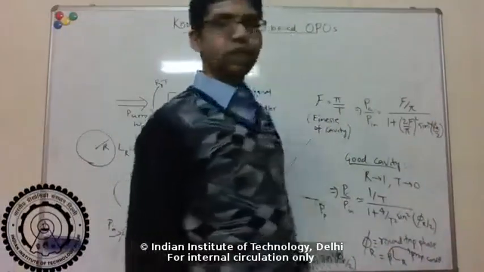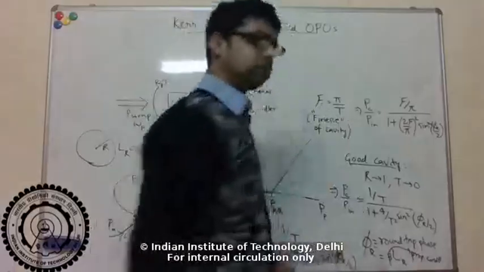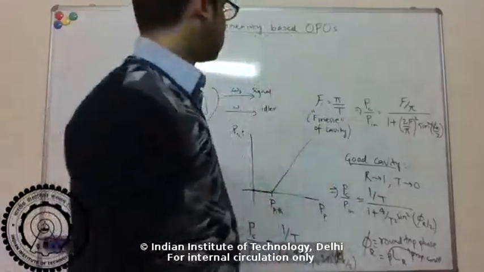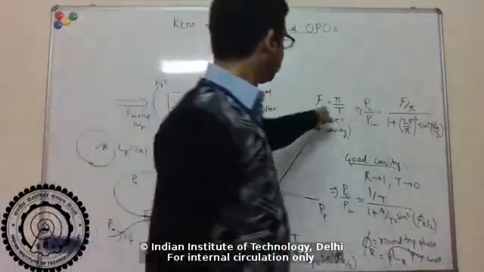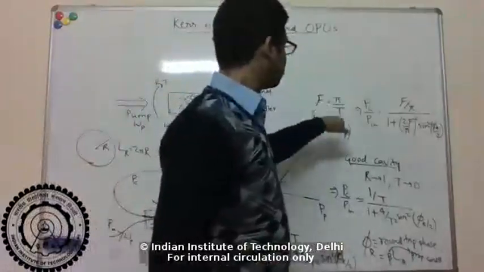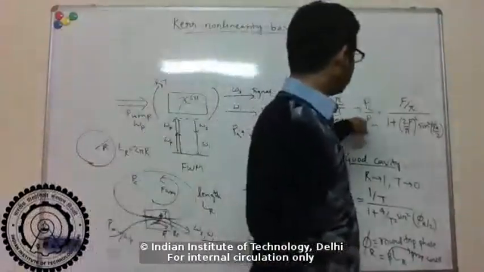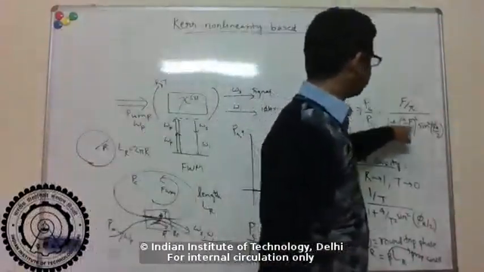So that's called the finesse of the cavity. You might have also heard about this in your basic optics course when you learned about optical resonators. So there is this quantity called finesse, which is defined as this. Okay, and so then we can write the power enhancement in the cavity in terms of this finesse.